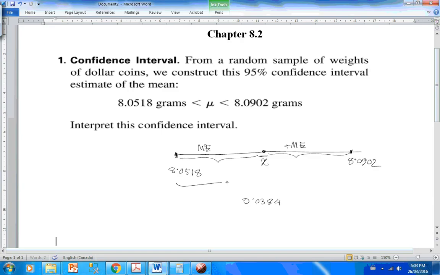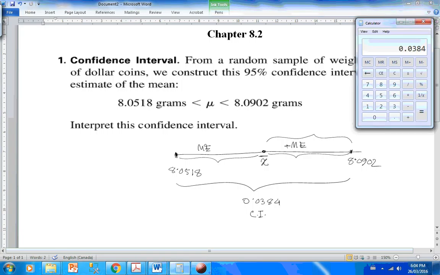0.0384 is the total length of the confidence interval, and each of these margins of error must be half of this whole distance, which is my confidence interval. I'm just denoting confidence interval by CI. So I can divide this 0.0384 by 2 to get my margin of error.